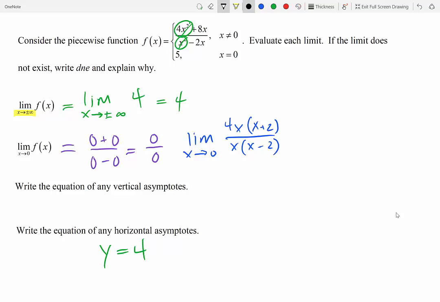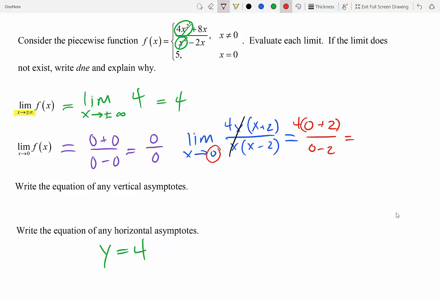Now notice the x's can cancel, which means now if we try using substitution by plugging in 0, we will end up getting an answer of 0 plus 2 divided by 0 minus 2. And sorry, the numerator is being multiplied by 4.